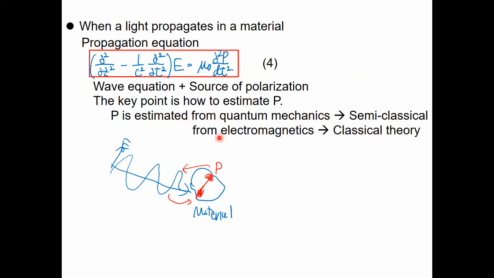And if you estimate the P based on electromagnetics, it's called a classical theory. So in this lecture, we're going through using the classical theory to understand the spectrum shape and material properties. Okay.